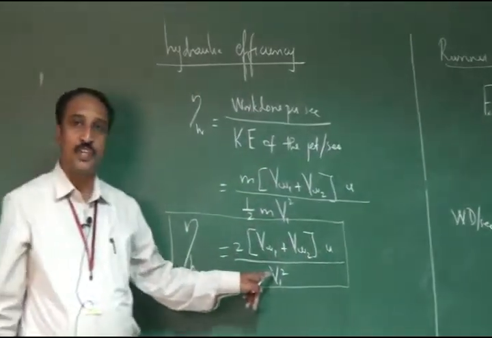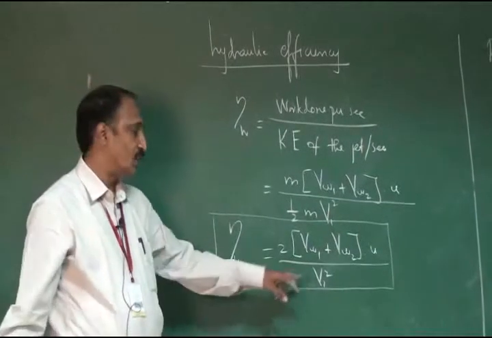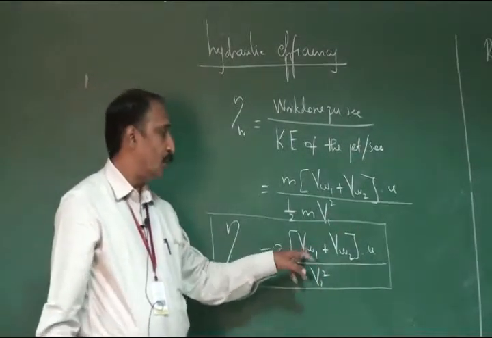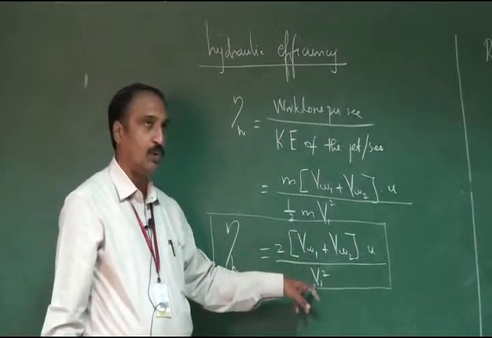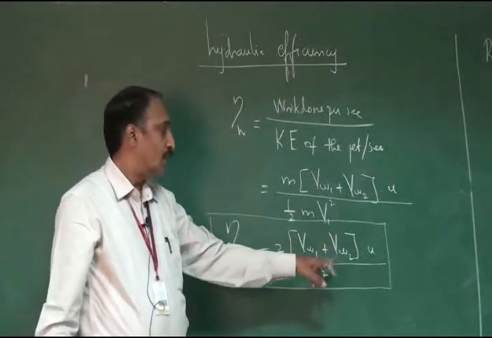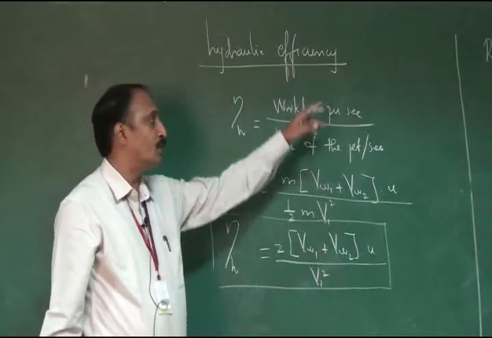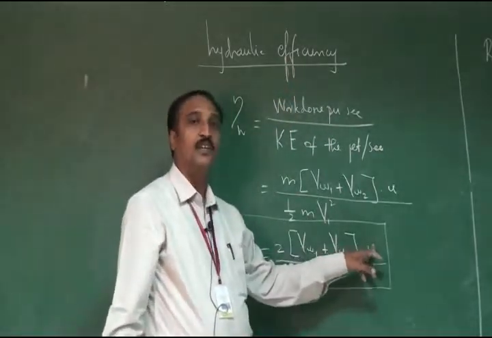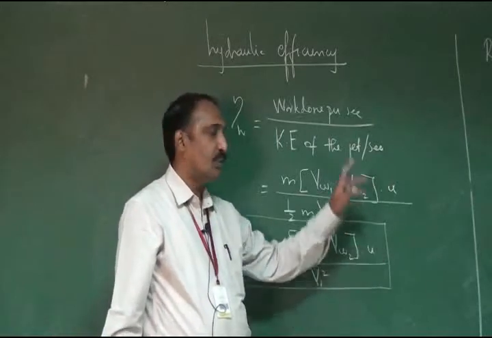Here v1 is the absolute velocity of the jet, which we can measure and use directly. vw1 is also equal to v1 for a Pelton turbine. We can find vw2 by using the velocity triangles. U is nothing but the tangential velocity of the wheel.